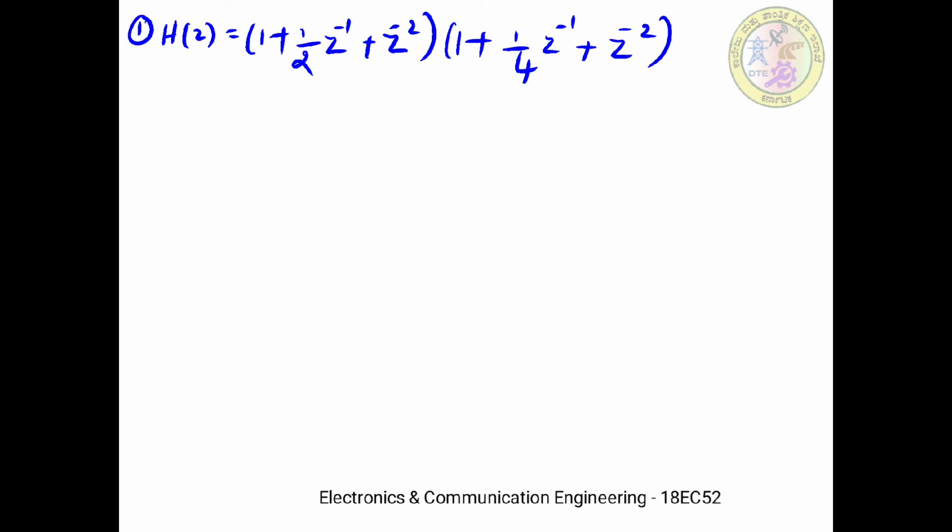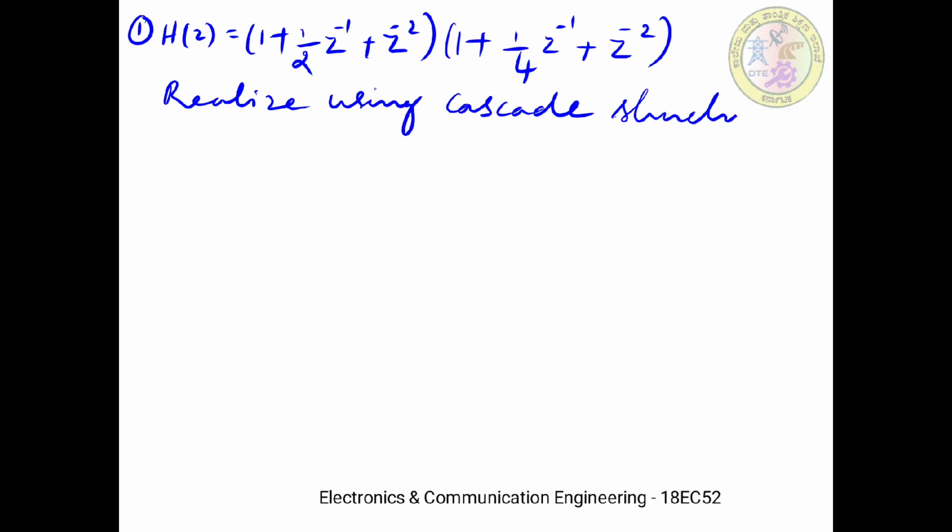Okay, now this is the given transfer function. So for this, realize using cascade structure, or obtain the cascade realization for the given transfer function H of z.